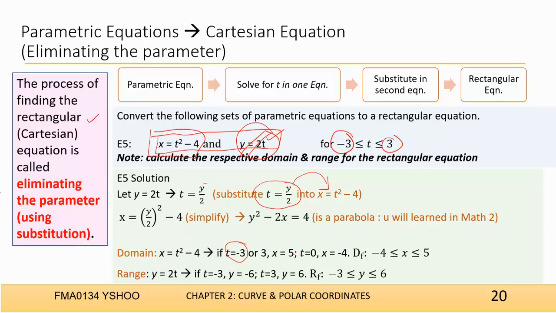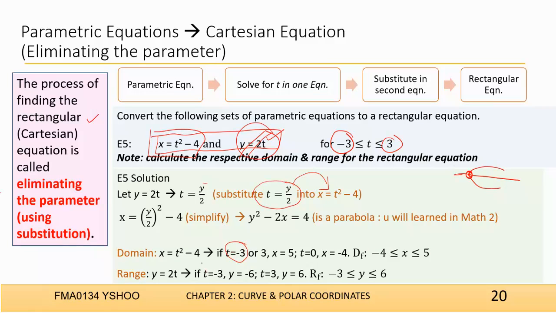But from what we know, as a parabola, there will be a minimum point or maximum point, and there will be symmetrical values. Normally the half of this is actually 0. So I try another one, t equals 0. Inside here I will get -4. And -4 is less than our 5. So our domain is from -4 until 5.